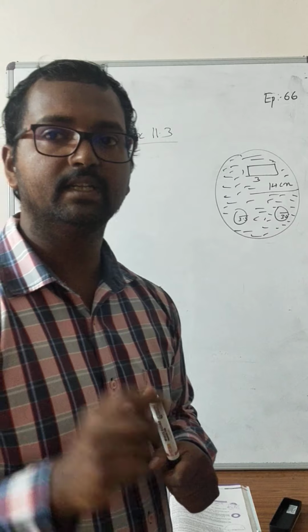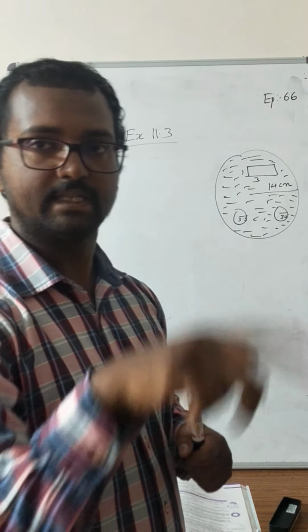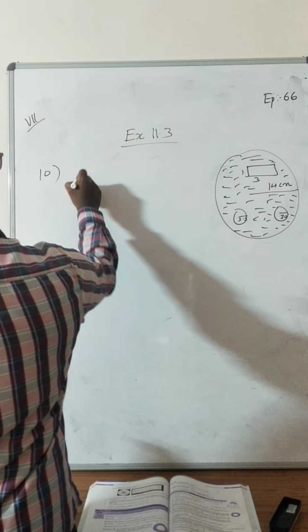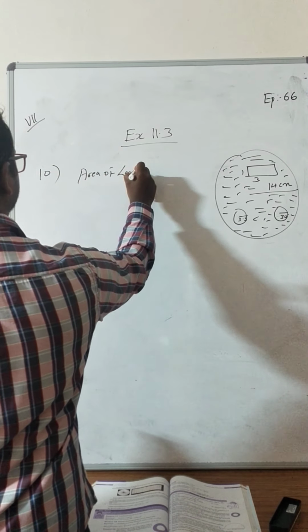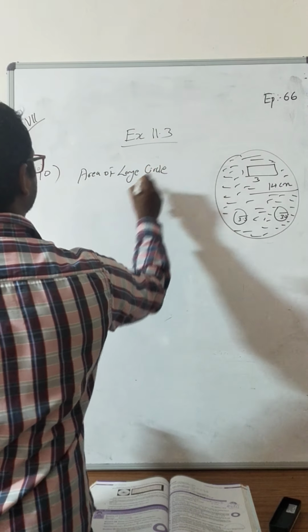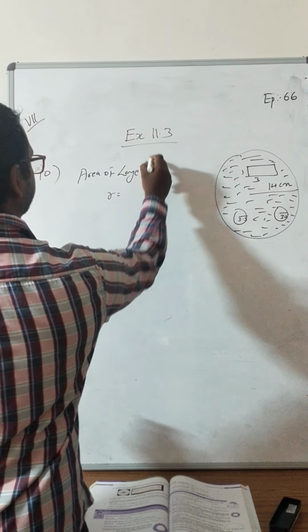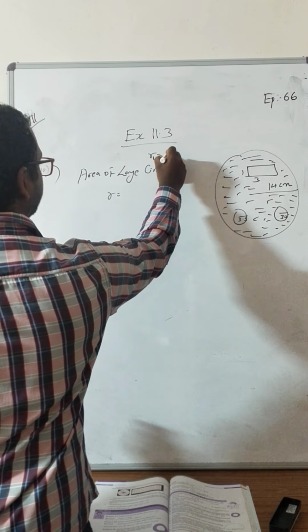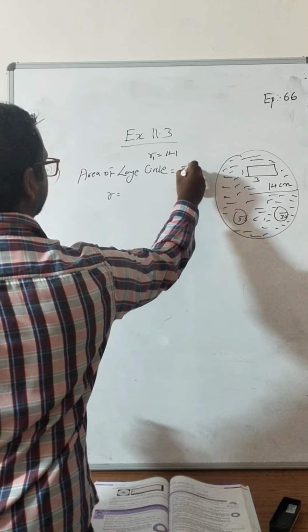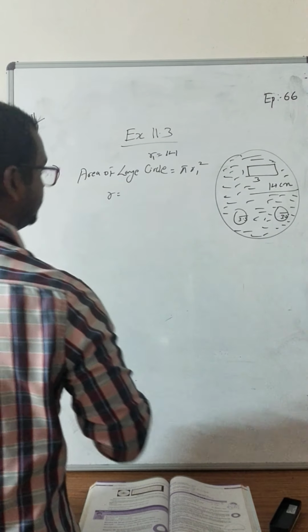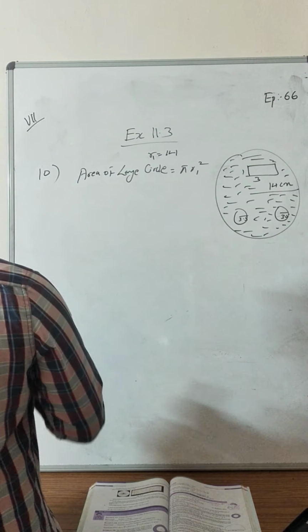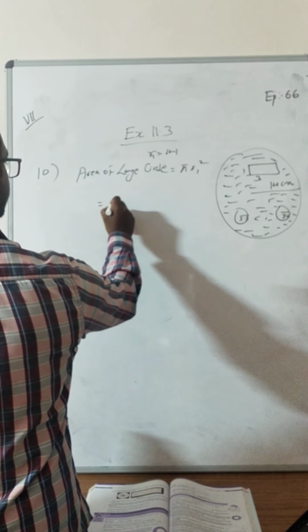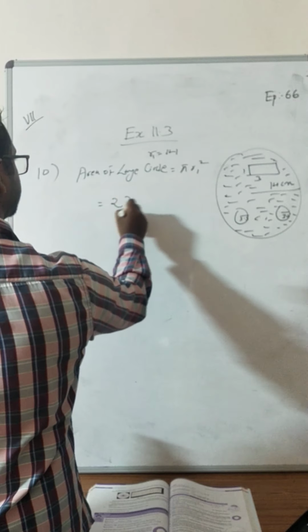So first let us find the area of that big entire circle. So area of large circle whose radius is r1 is 14. So pi r1 square. So here pi is 22 by 7.